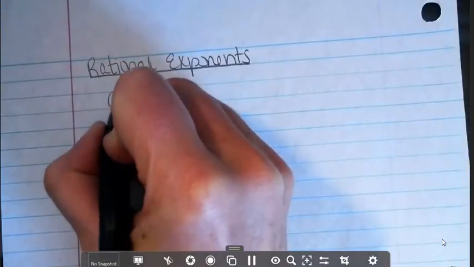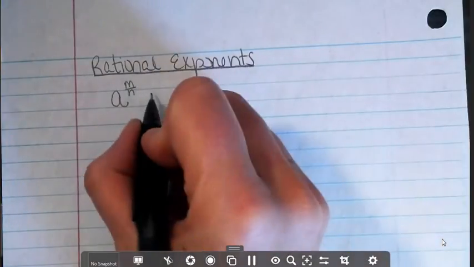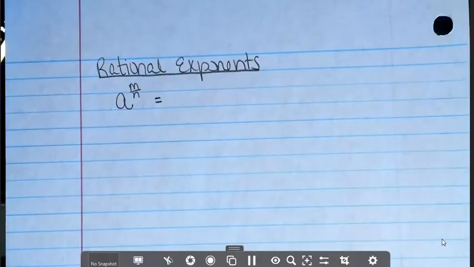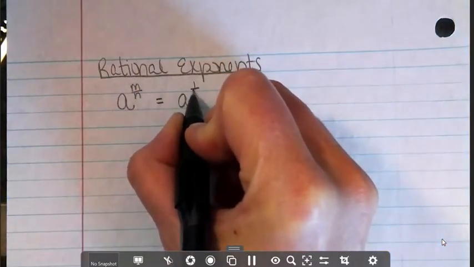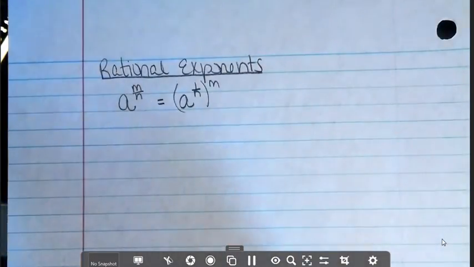If I have a to the m over n, that's a rational power. I can rewrite this many different ways. I can rewrite this as a to the 1/nth raised to the m power. That's one way I could write it.